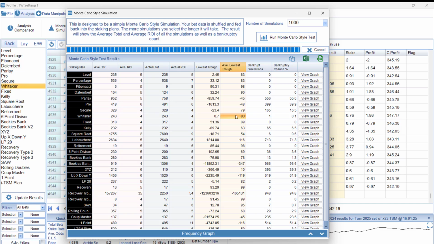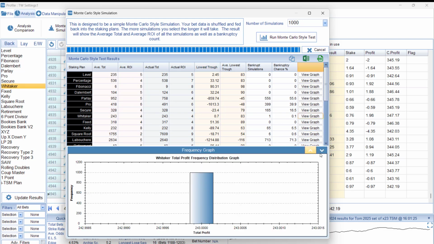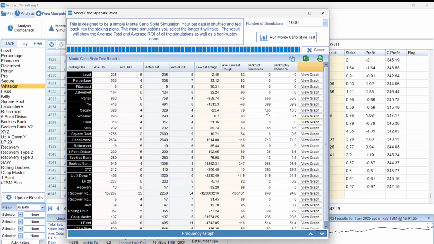But again, we see its average lowest trough and its worst lowest trough in those 1,000 simulations. And we can see one time it went bankrupt. It gets the same profit result in the end because it's a form of smart level stakes. And this one time went bankrupt, even though the lowest trough isn't a minus, it means the bank got down to 0.7 units out of 100.